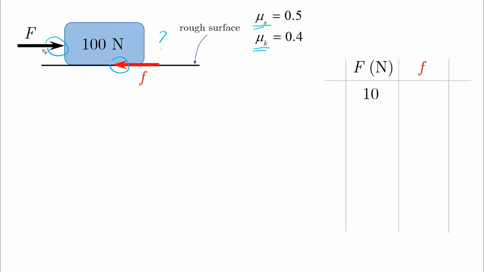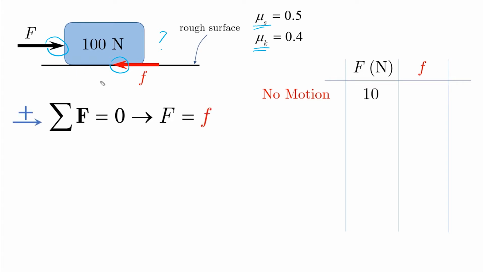When we applied this force, nothing happened, no motion occurred, which means this system is under static equilibrium, or the summation of forces on this block is equal to 0, and this leads to the fact that the applied force is equal to the friction force.